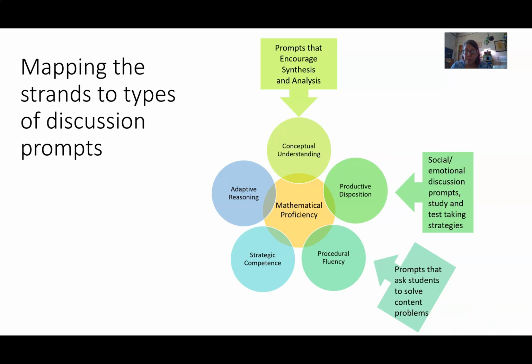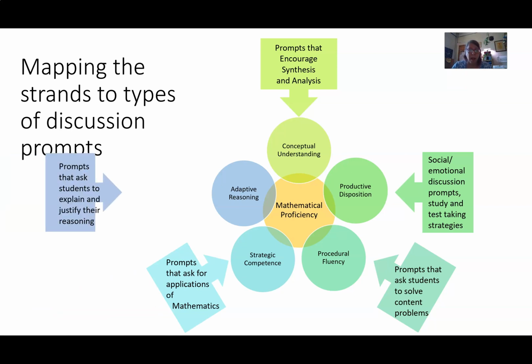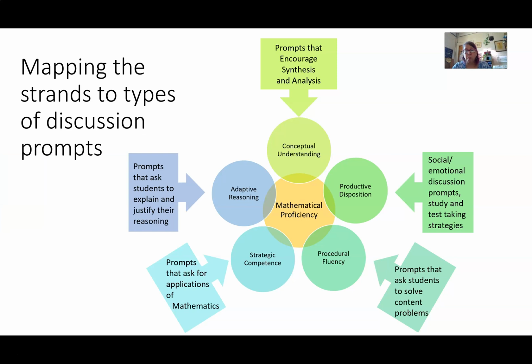For procedural fluency, prompts that ask students to solve content problems, and for strategic competence, prompts that ask for applications. And finally, adaptive reasoning were prompts that ask students to explain and to justify their reasoning. We felt that that led to more adaptive reasoning. So I'm going to take you through each one at a time and talk about some of the best prompts we found and how to make your own prompts in that category.